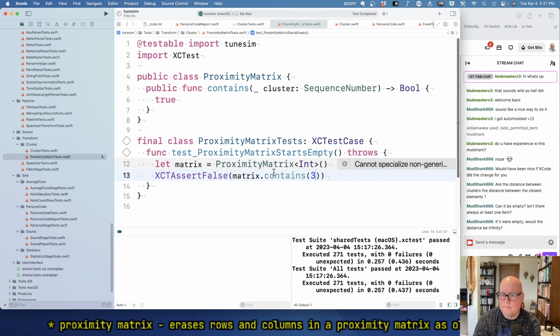Will the distance be infinity? Yeah, I mean, that might be reasonable, if you asked for an element that's not there and it just says infinite distance.